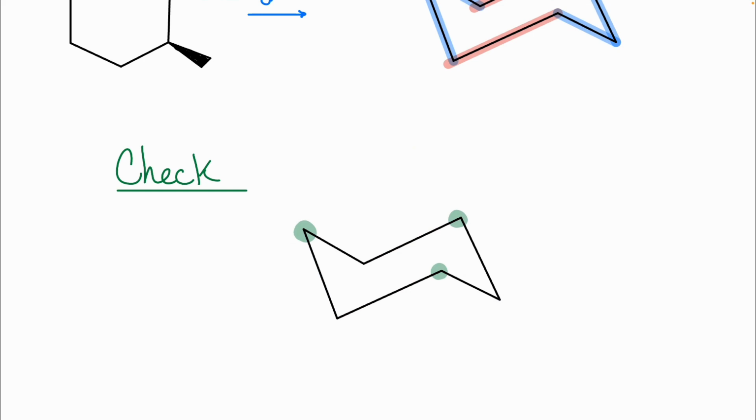Every other carbon is at a point. And then every other one, the ones that we're missing here, these are all at the bottom of a triangle. They're at a valley here. So we got points and valleys every other. Right? Point, valley, point, valley, point, valley, going around that ring. And that's how we can check that we have our structure drawn correctly.